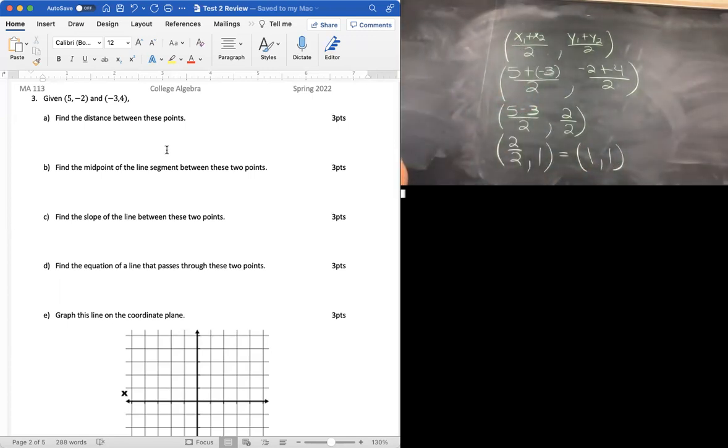So the midpoint of a line segment going through these 2 points would be the point 1, 1. And that is B.